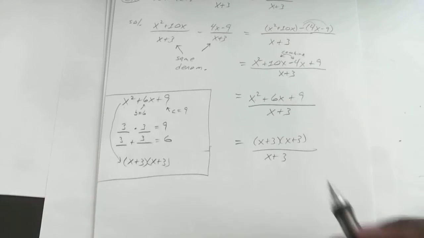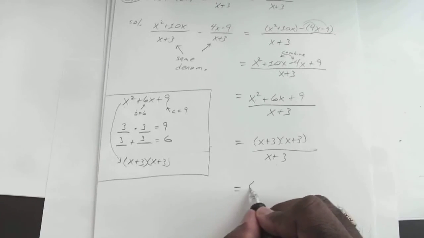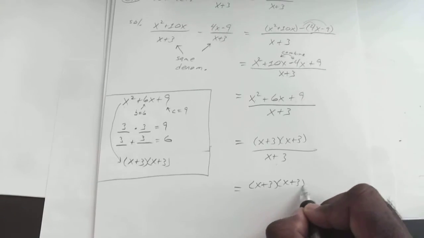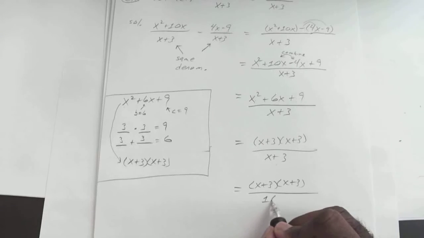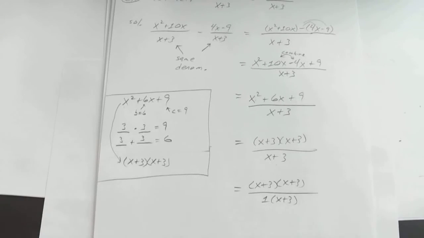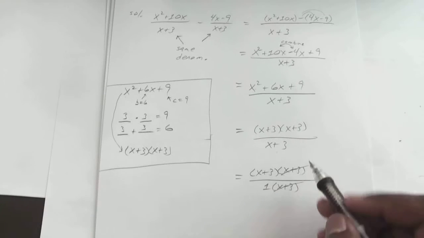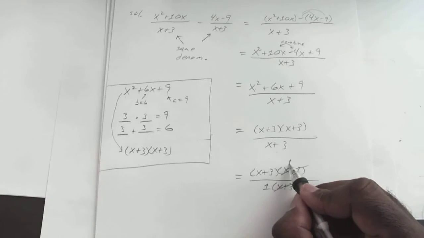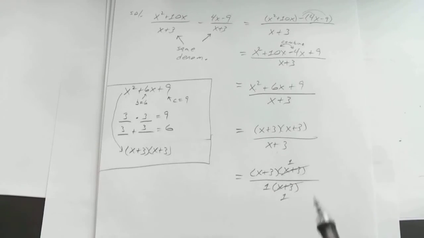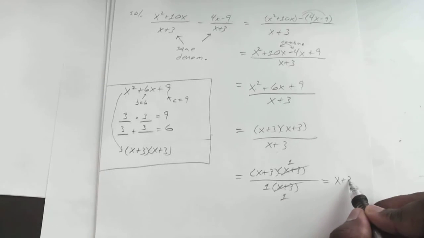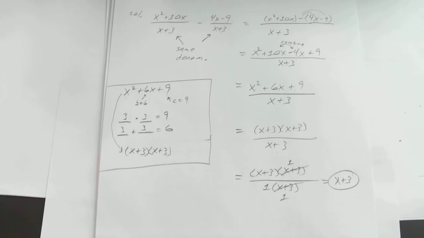Okay. Now, if you wanted to, you can rewrite the numerator. You don't have to, but sometimes you can feel better doing it as 1 times (x plus 3). Okay. And those two can cancel out. So you have (x plus 3) over 1, which leaves you with the final answer of x plus 3.